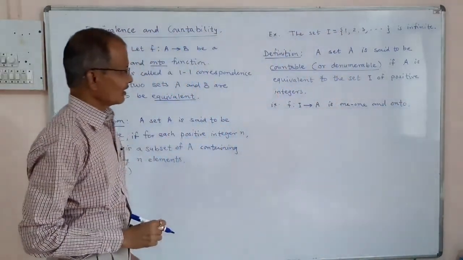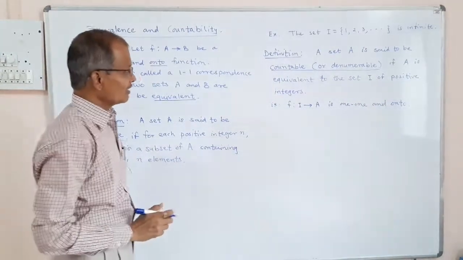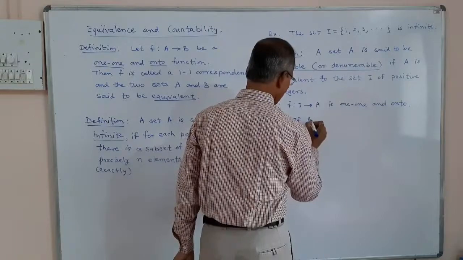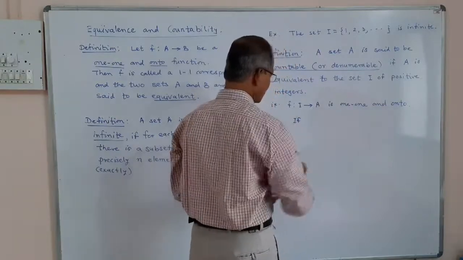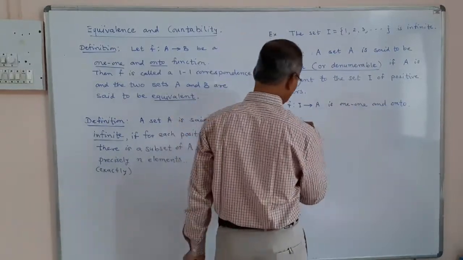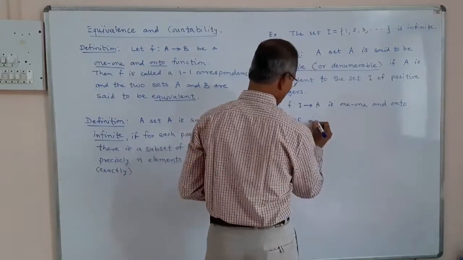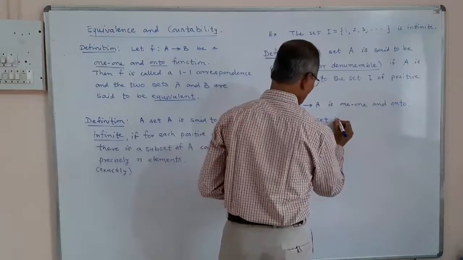Then A is countable, and if A is not countable, or if a set is not countable, then it is said to be uncountable.